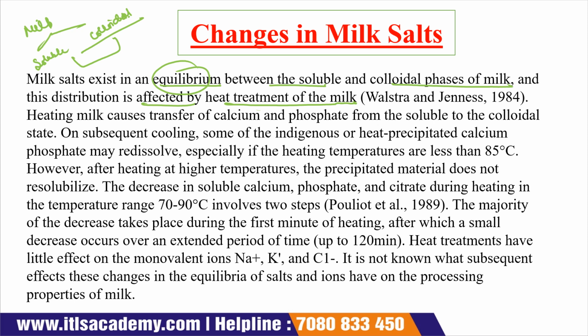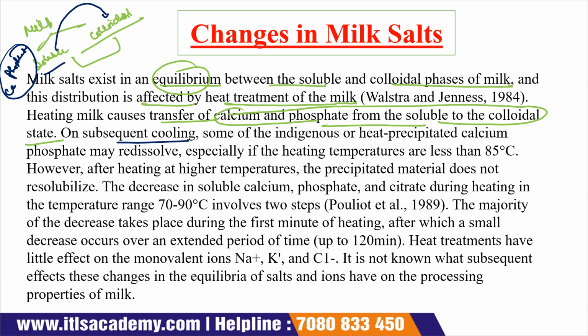Heating milk causes a transfer of calcium and phosphate from the soluble to the colloidal state. Okay, so here in the soluble state there is calcium, and the next is phosphate. When the milk is heated, this calcium and phosphate are transferred from the soluble phase to the colloidal phase.